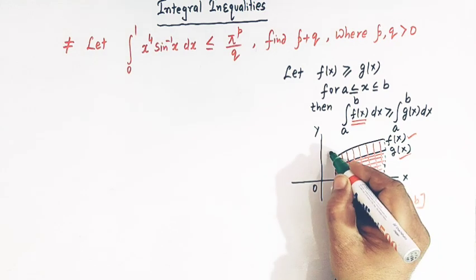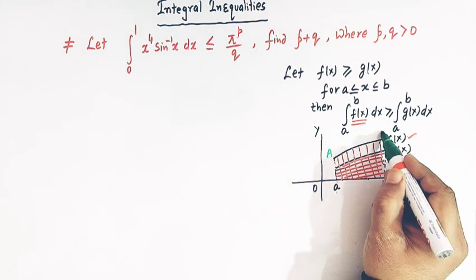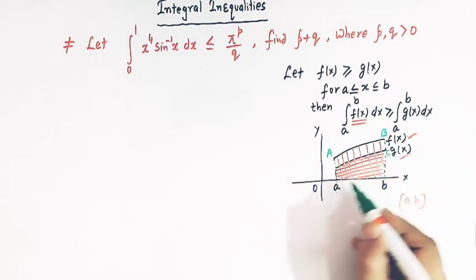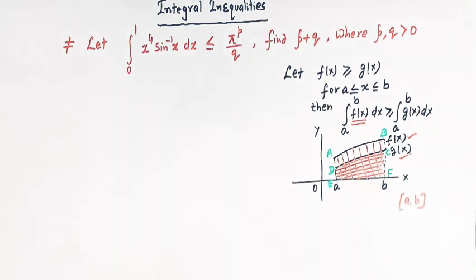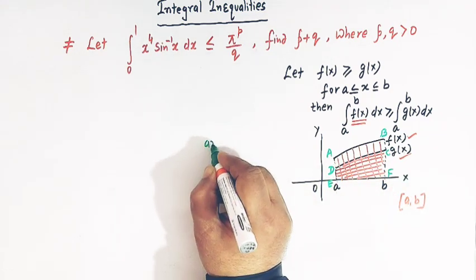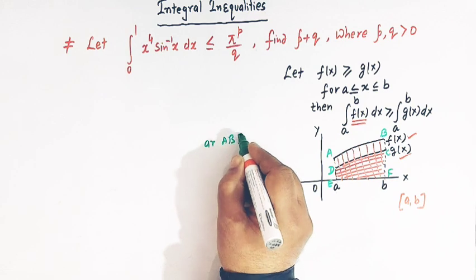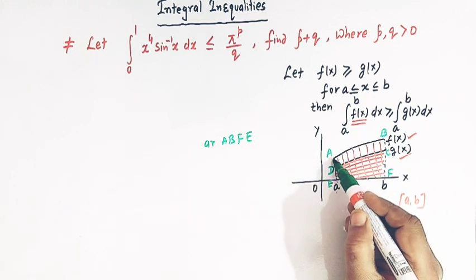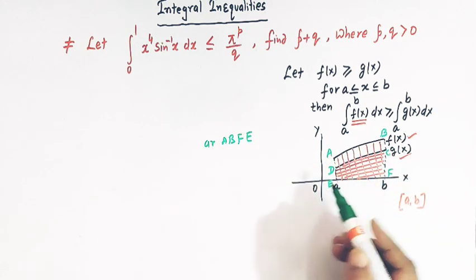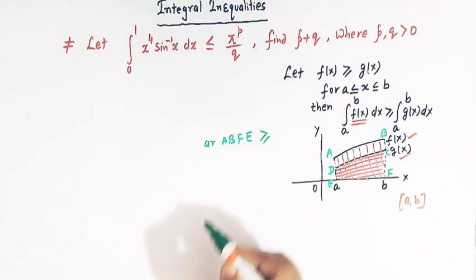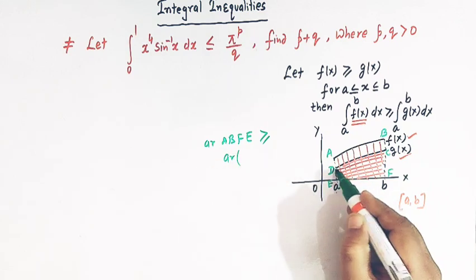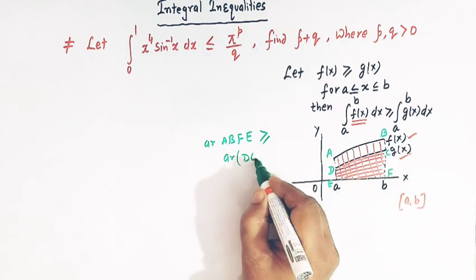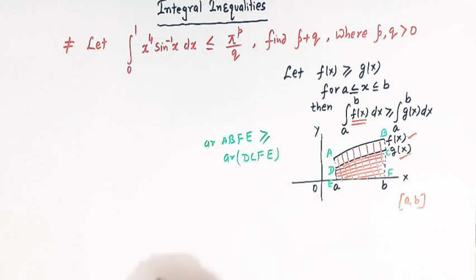We can also explain it like this. Suppose this is a, this is b, this is c, this is d, this is suppose e, and this point is f, right? Then the area ABFE is greater than or equal to this area, that is area DCFE, right?